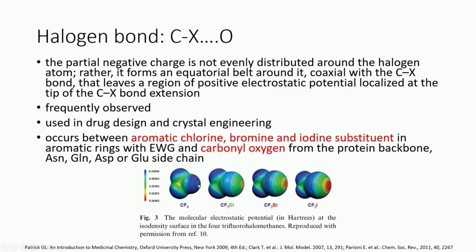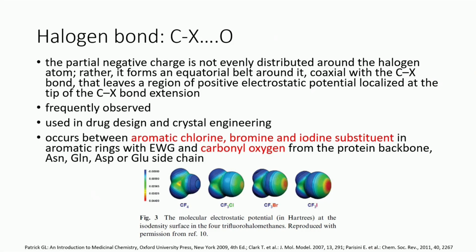Tetrafluoromethane has no sigma hole at the end of the C-halogen bond, whereas in the case of fluorinated methane, there is a visible yellow region where some positively charged region is obvious, and it is more visible for brominated trifluoromethane or even iodinated trifluoromethane.